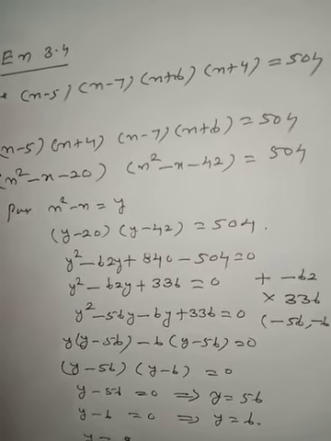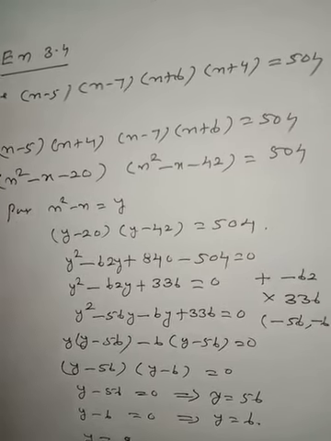Solve x minus 4 into x minus 7 into x minus 2 into x plus 1 is equal to 16.